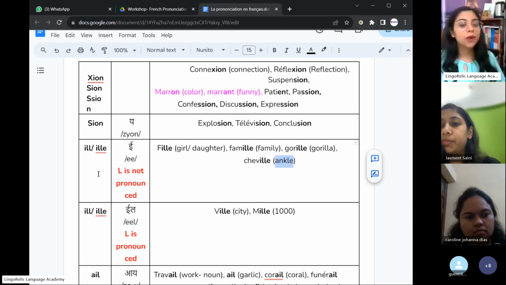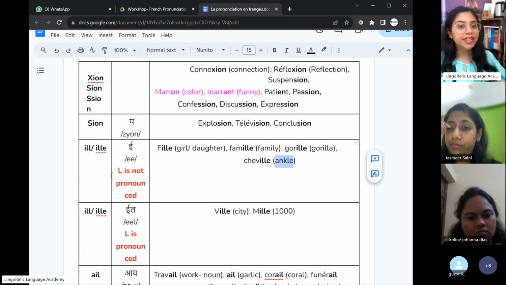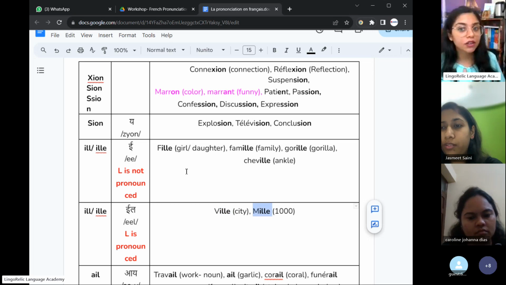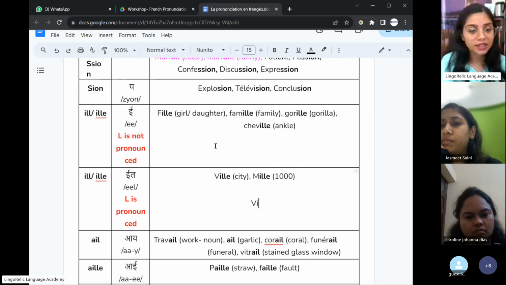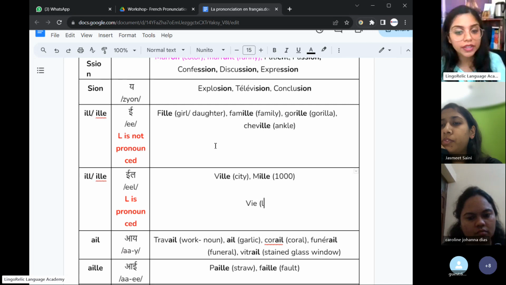Right? Whereas when I was introduced words with il, for example, ville, or the word like mille, ville is city and mille is your 1,000, the number 1,000. So I never tried to oppose it. I always pronounced it as this. One reason I also found why this is done is because you have this word vie, which means life.